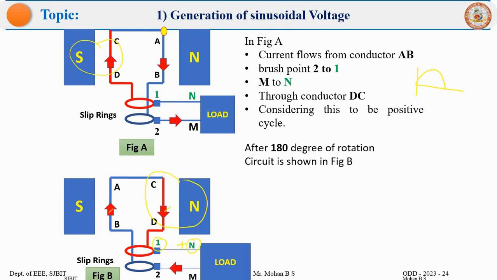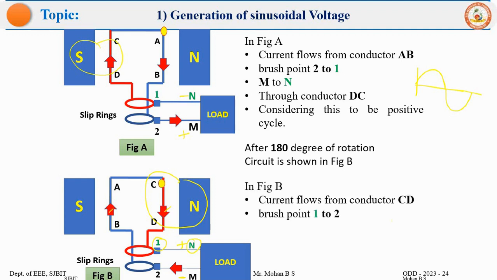So I will be marking here positive and here negative. If you see, after 180 degrees, this was positive here and negative here. After 180, it has changed. That means it's been alternating. Thus we have an alternating sine wave which has been generated. So current flows from C to D, brush point 1 to 2, and then through conductor B to A.